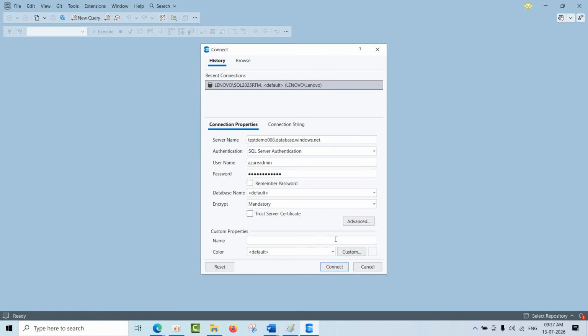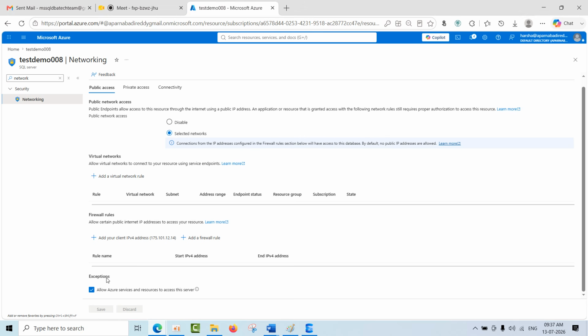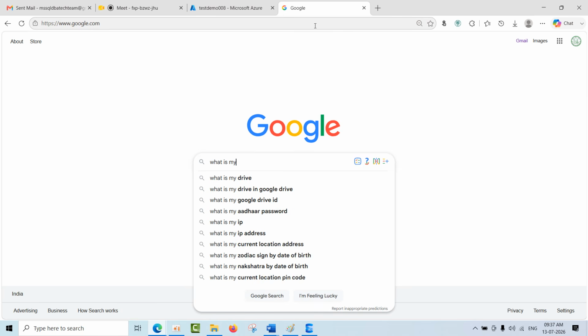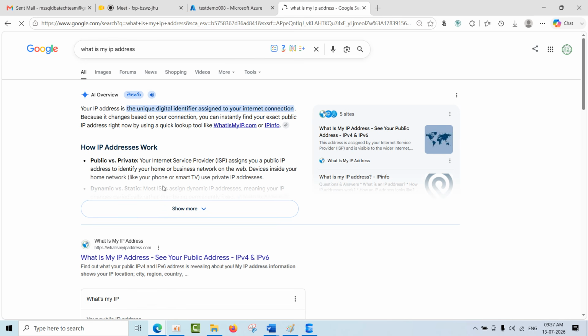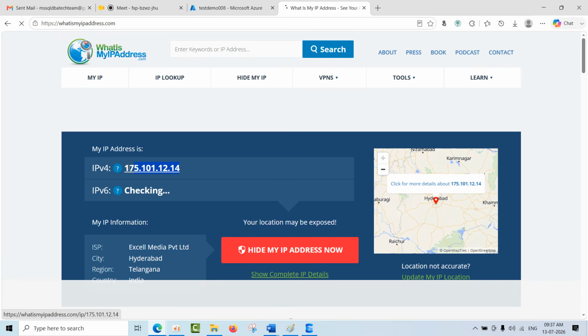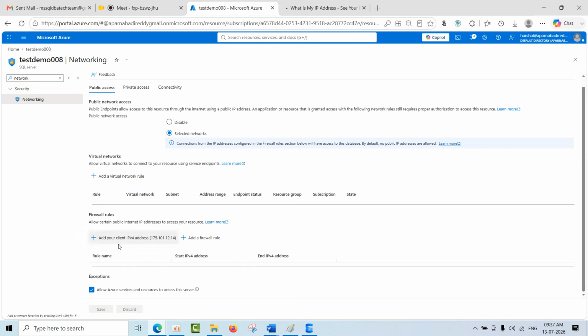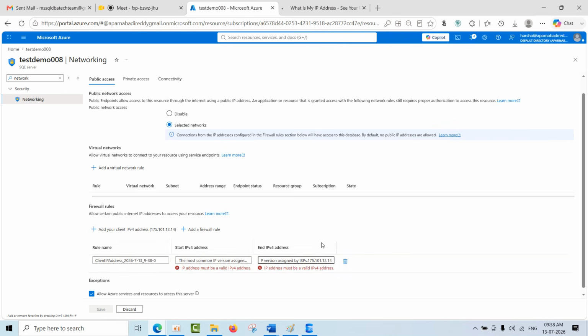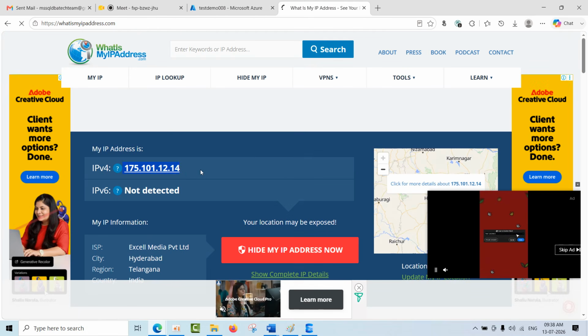So to add the IP address, what do we need to do? Directly you can come here and try to add client IP. If you want to know what is my IP, you can type what is my IP address in Google. So this is my IP. Copy this IP, come to the portal and add it here.